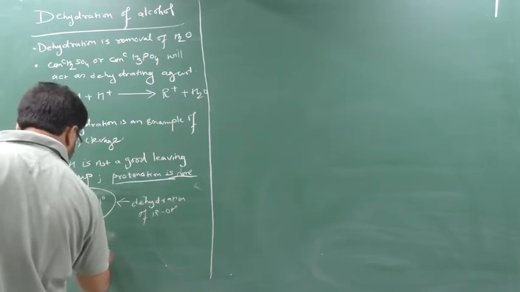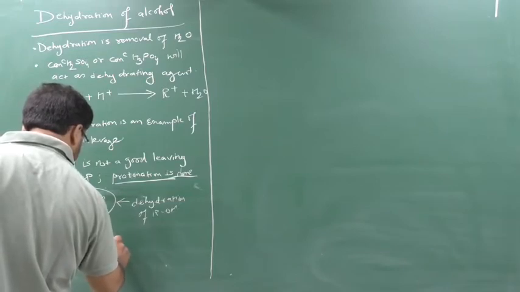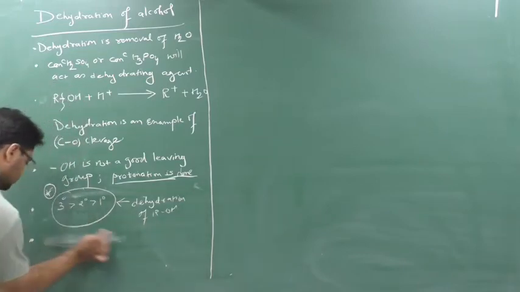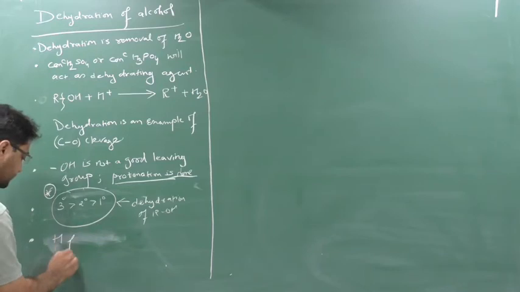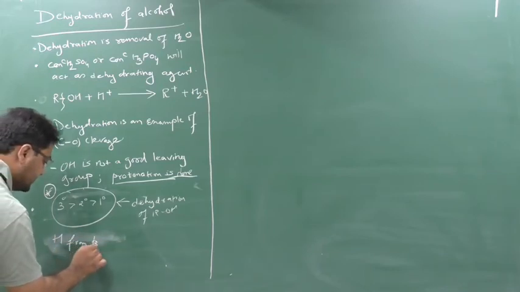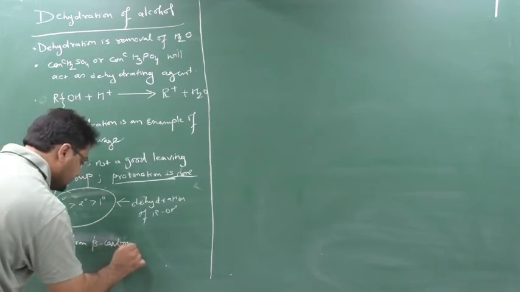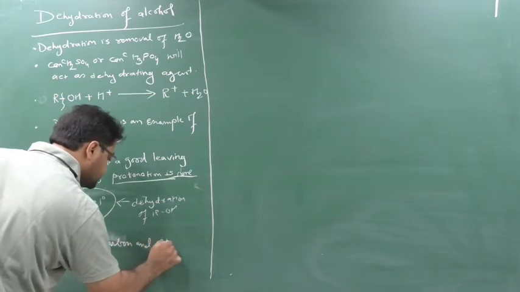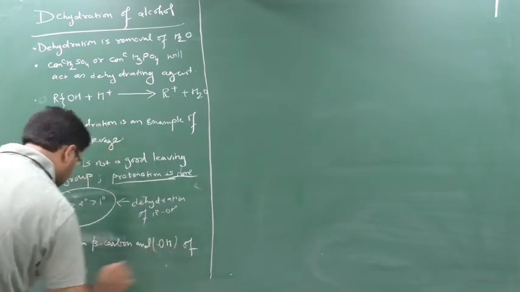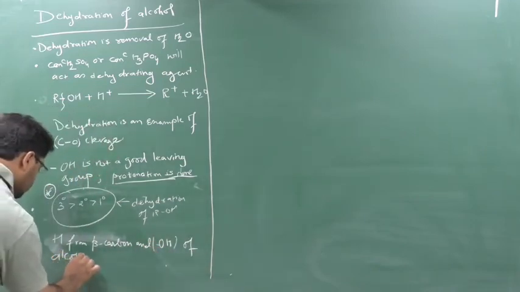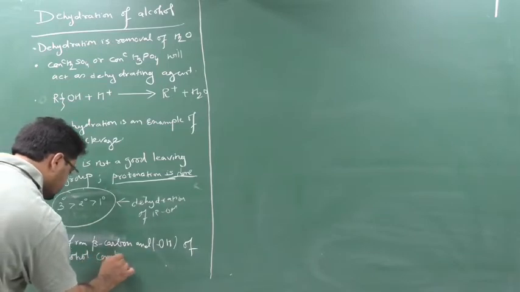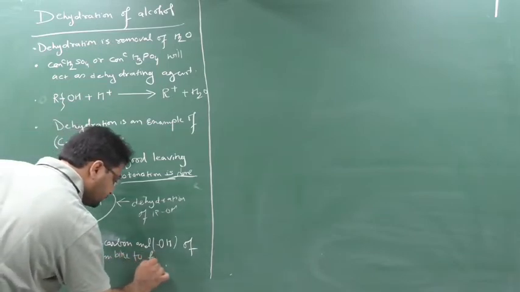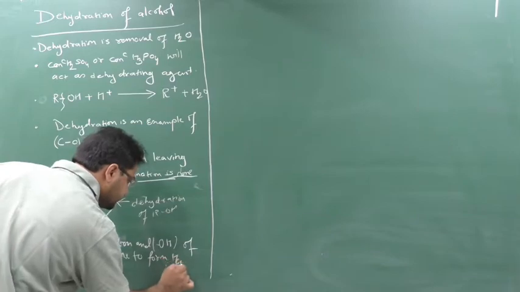H from beta carbon and OH of alcohol combine to form water. In this way water is forming.